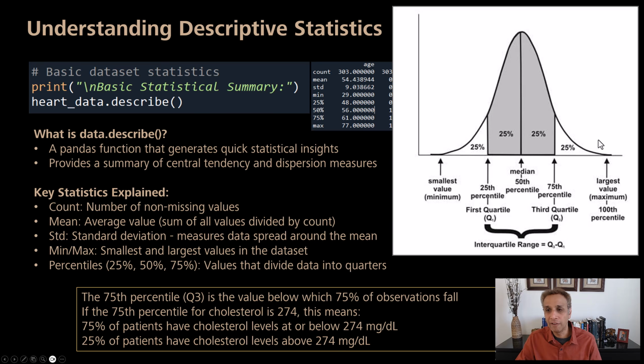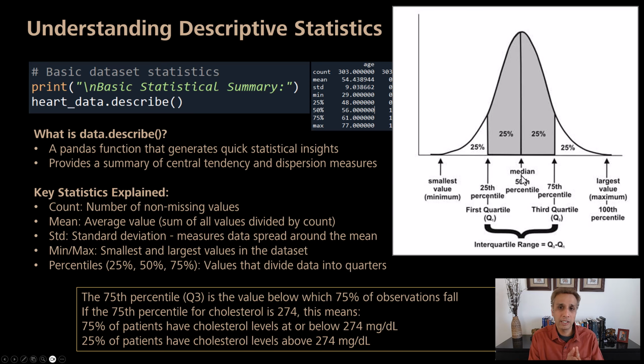The mean is the average of all values; it may not be exactly in the middle. The 25th percentile means 25% of the data falls below that value. The 50th percentile means 50% of data points fall below that value. By definition, that is the median, right?